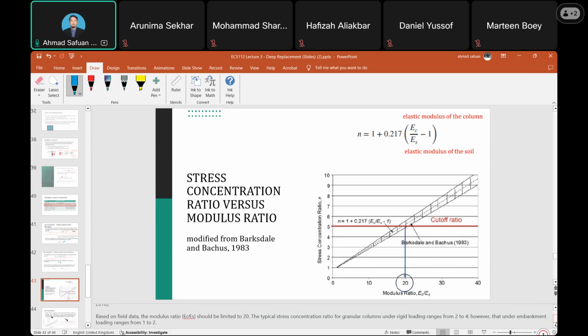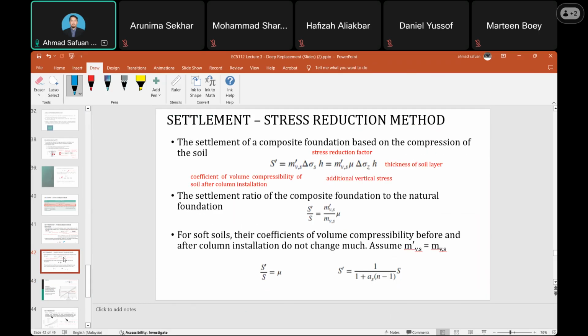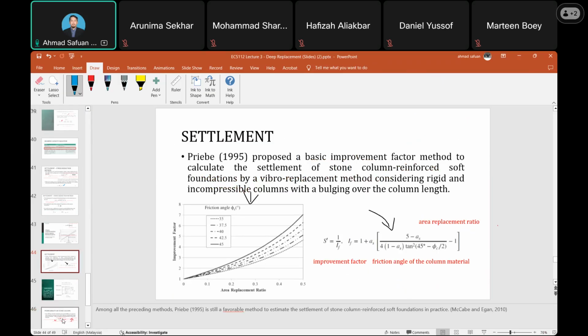Either you want to use this equation or you can base on this graph to estimate the stress concentration ratio. So once we determine the N, then we put it in the above equation.